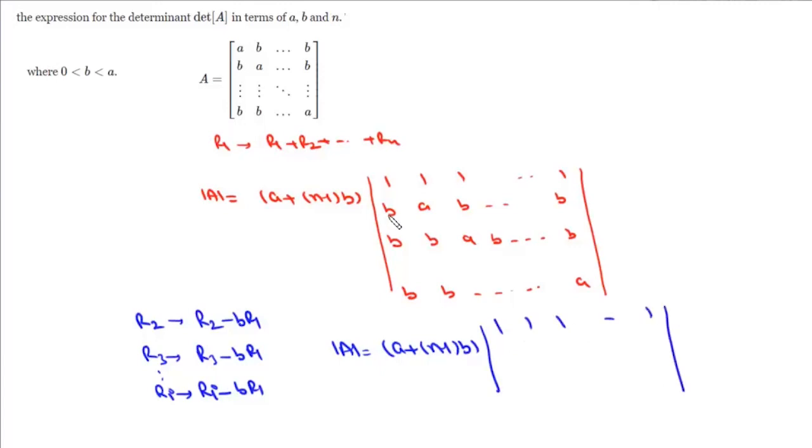Now this is B minus B, 0, here will be A minus B, and B minus B everywhere will be 0. Now for the next one again, B minus B is 0, B minus B is 0, and then again it will be A minus B, so it will be 0, 0, A minus B, and finally it will be 0, 0, 0, and then A minus B. Now we expand this determinant about this first column, it will be A minus B, A minus B, A minus B, n minus 1 times.